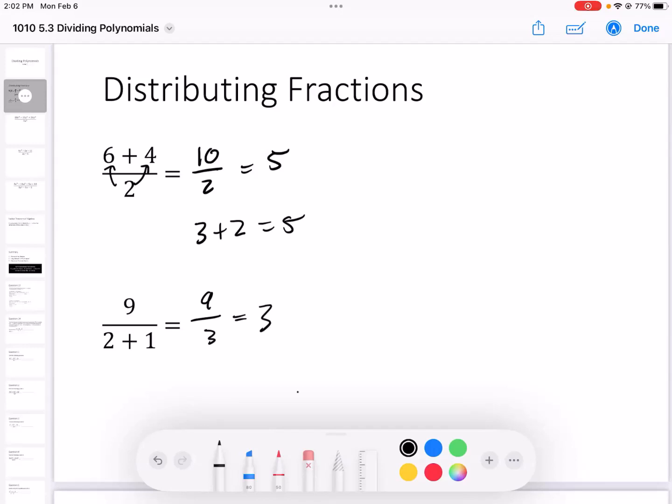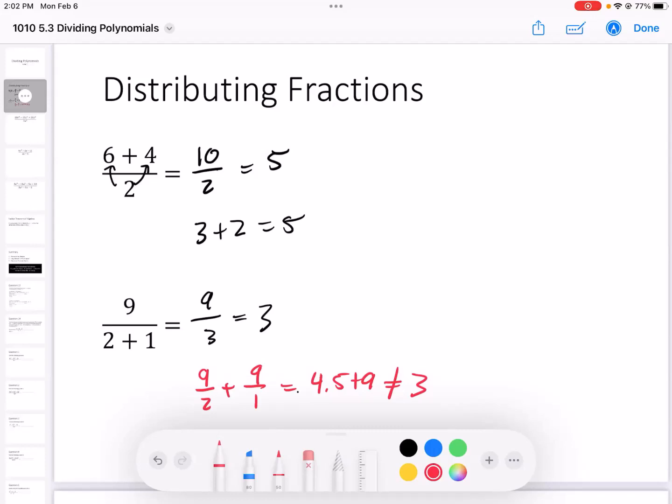But if you were to distribute, which you can't do, so I'm going to do this in red, if you did 9 divided by 2 and added that to 9 divided by 1, this would be the same thing as 4.5 plus 9, which is definitely not equal to 3. So this illustrates the fact that if you have division by 2 things, you can't distribute it like that. You can only distribute it with a single term.